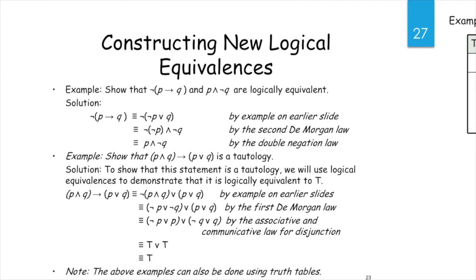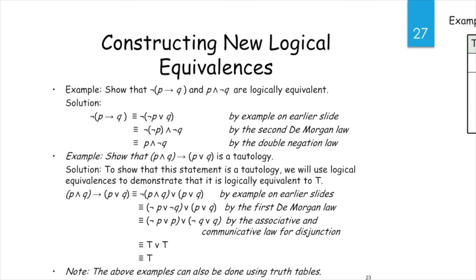So P and not Q. So we started with something and we end up with P and not Q, which is logically equivalent to the starting point, which is not (P then Q). So that's the first example.